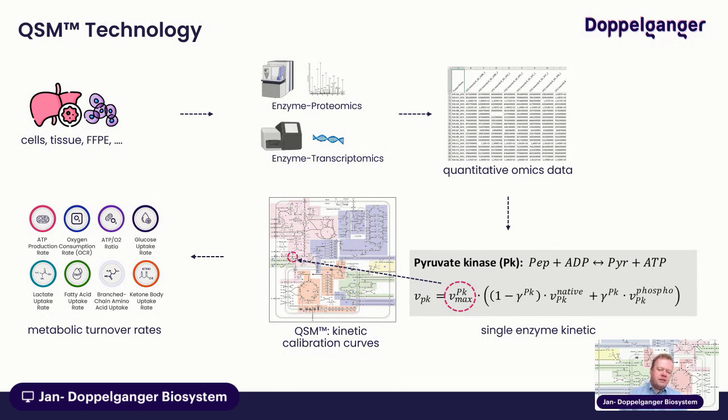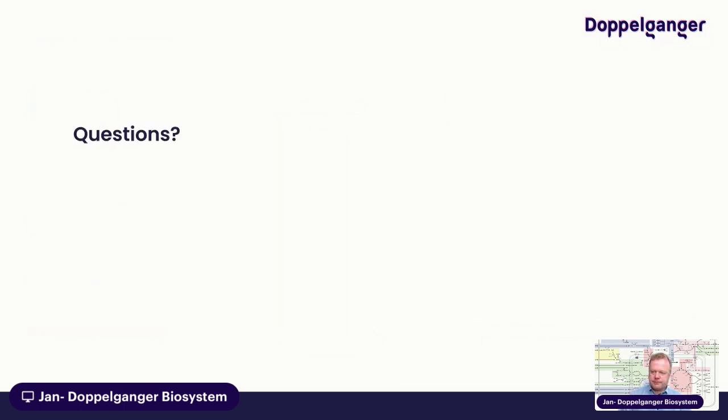And then the only missing variable is the amount of enzyme present in a given tissue or sample. And this is what we get from the enzyme proteomics assay. And then the platform calculates the metabolic rates within these 22 central metabolic pathways, and we report the data in these 8 parameters that I mentioned early in my talk.